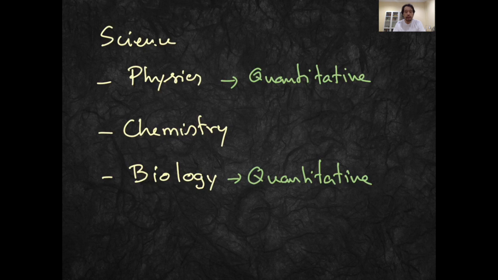It is very, very hard, at least for today. Many things we cannot calculate in biology. But in physics, we have to express the knowledge in numbers. So it means that it is a quantitative science.